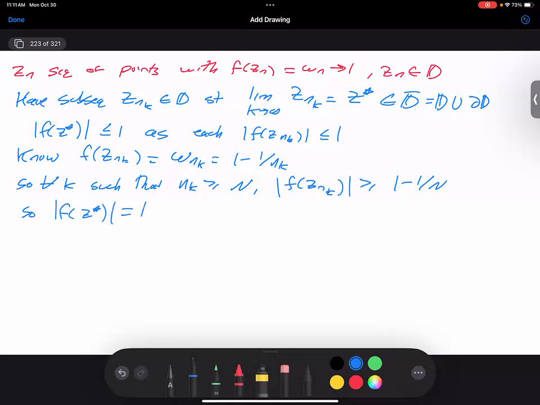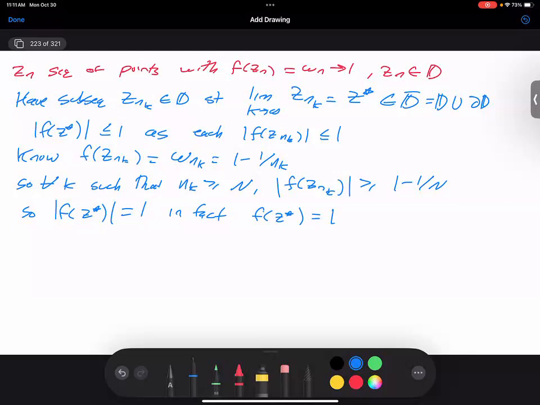In fact, more should be true. What does f of z star equal? It equals 1, right? We have a sequence of points such that when we apply f, it's getting closer and closer to 1. When we pass through a subsequence, it's still getting closer and closer to 1.